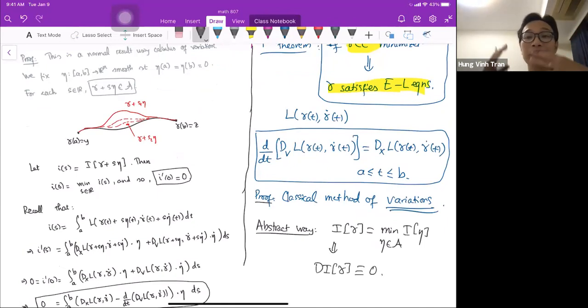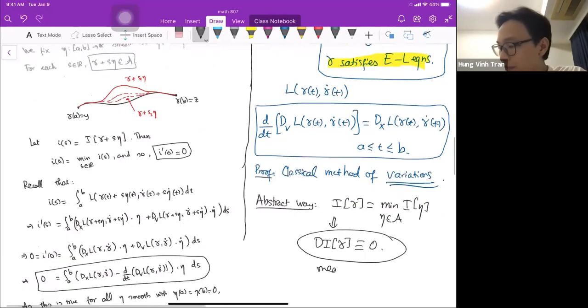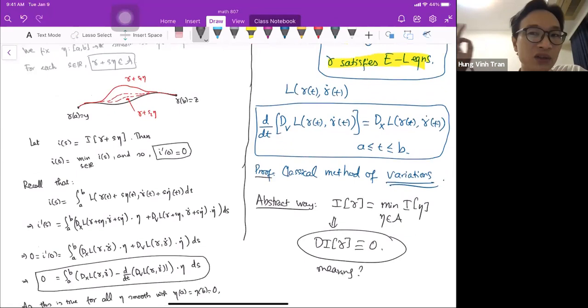Okay, but again, this is a functional, right? So I maps from the space of functions to the reals. So what is the meaning of this? If you want to talk about the meaning of this, you would have to talk about Gateaux or Fréchet derivatives and stuff like that.